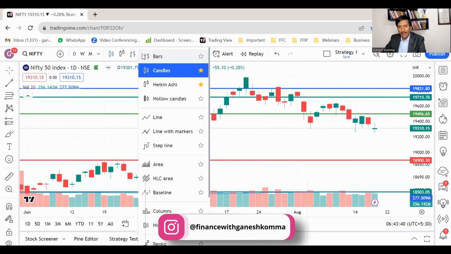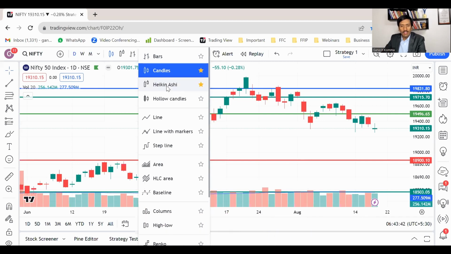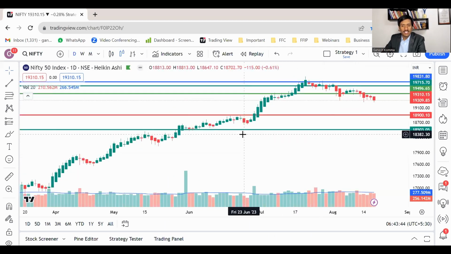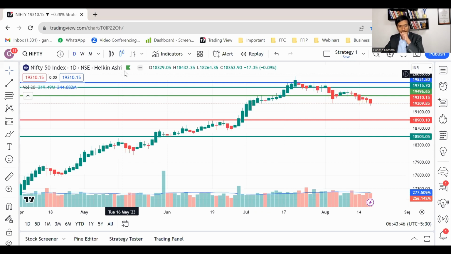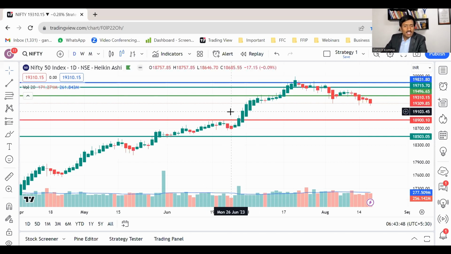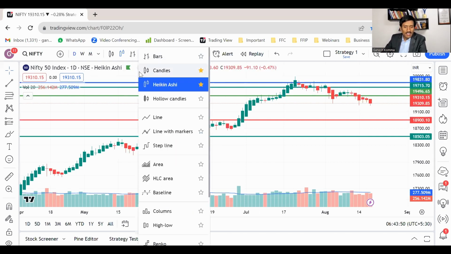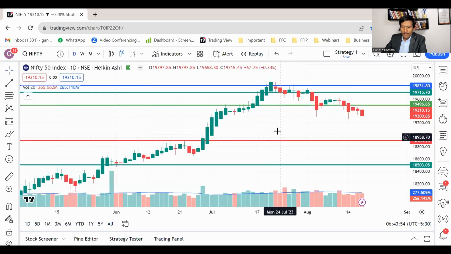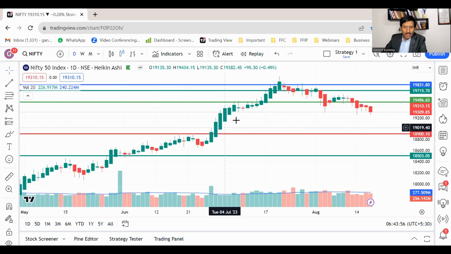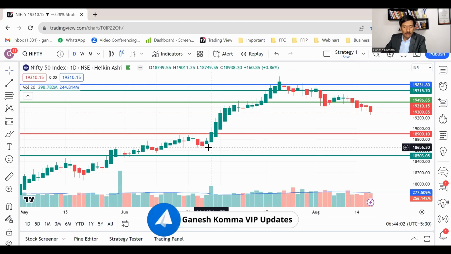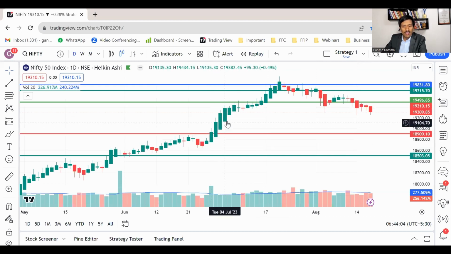Apart from that, we observe in Heikin Ashi, right? So Heikin Ashi is not an indicator. Heikin Ashi is one of the charts. So here, if you see, during this entire period, when the momentum has been positive, you get your green candles.